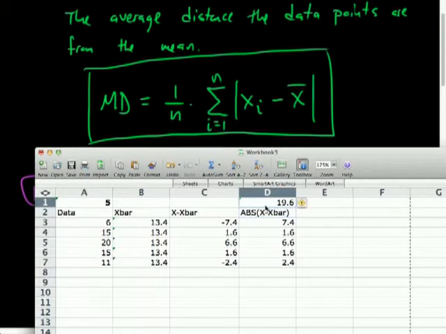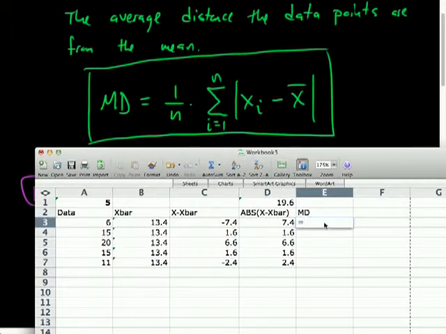And so that is the sum of all of my distances from the mean. And now I'm almost there. To find the mean deviation, what does it say? I'm going to take that sum and do what with it? Multiply by 1 over n, or that's the same as dividing by n.